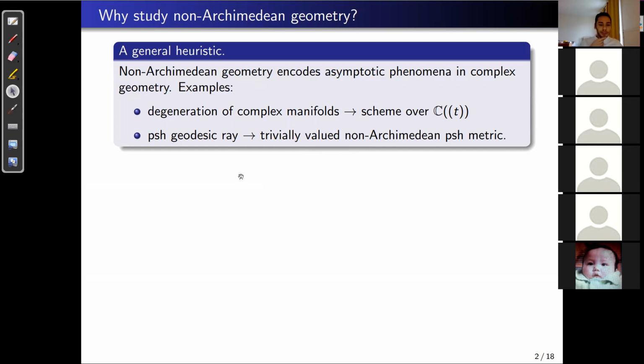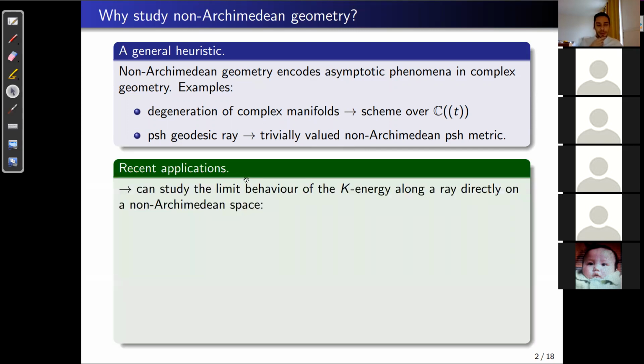This is very nice, and it has had some very nice applications recently. For example, if you have a function that is convex along PSH geodesic rays, this means that you can take the slope at infinity of your functional, and a functional that we're particularly interested in is the K-energy, the Mabuchi energy.